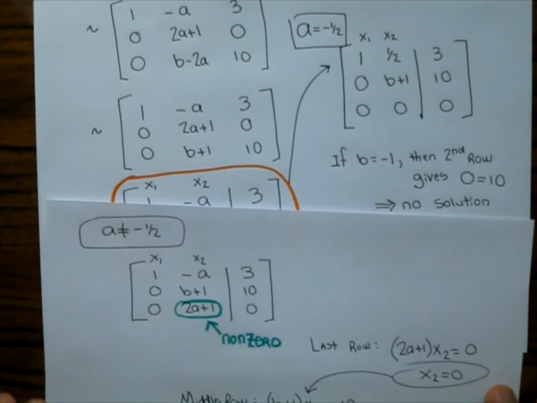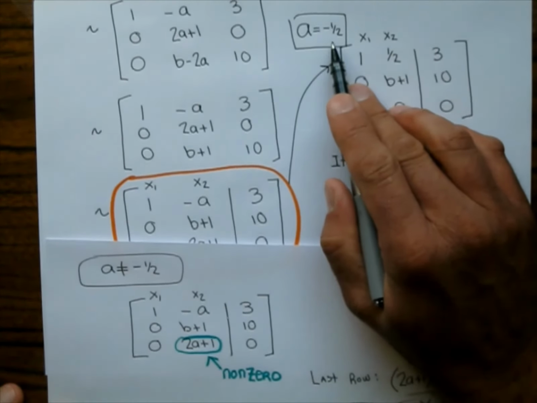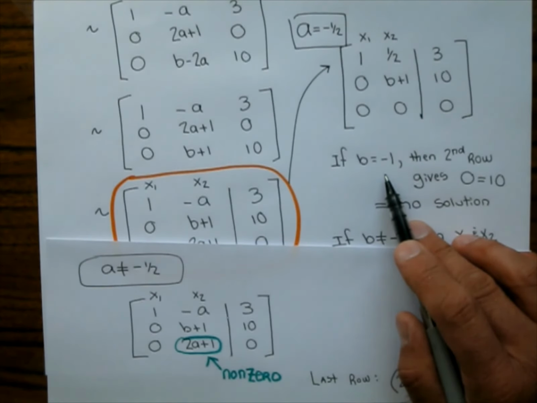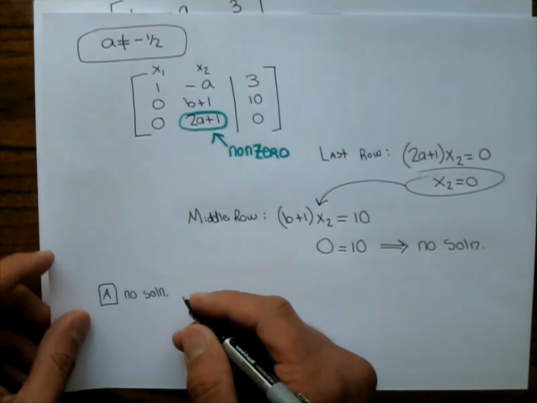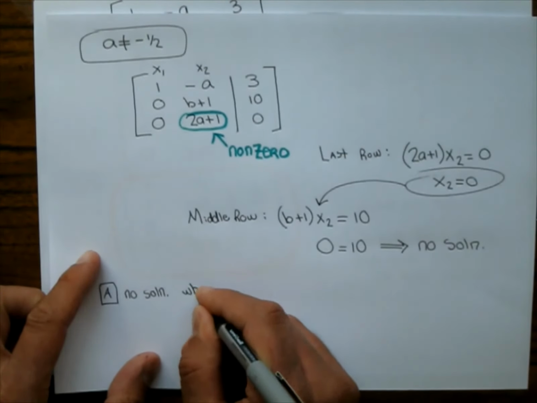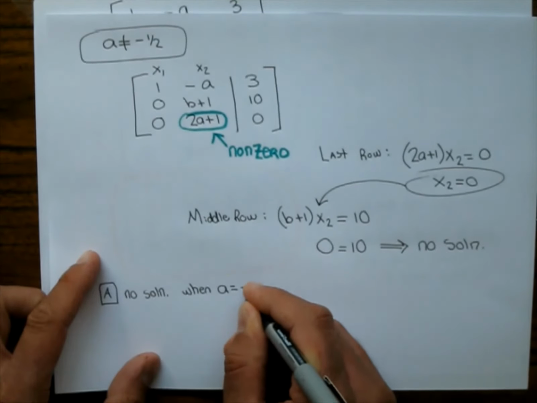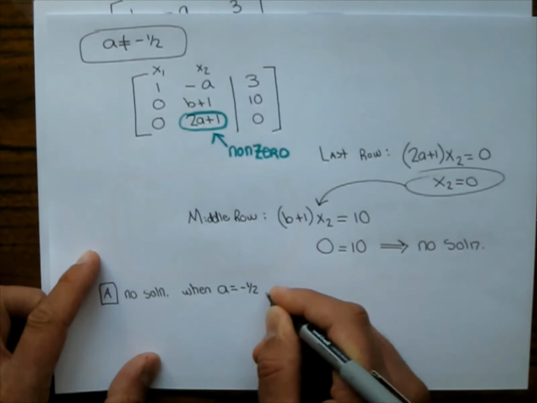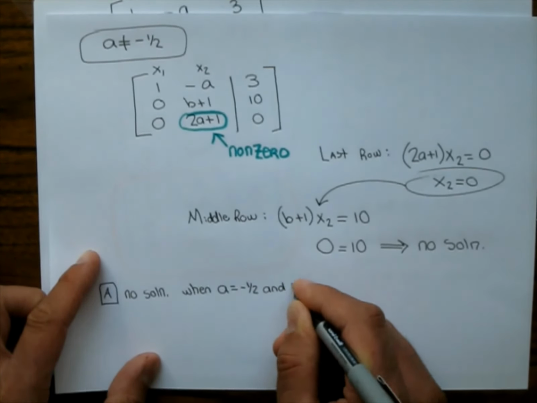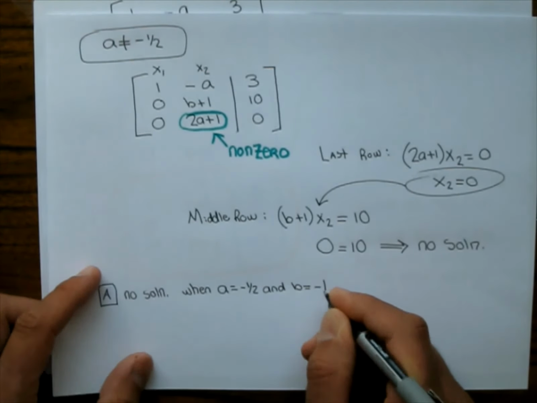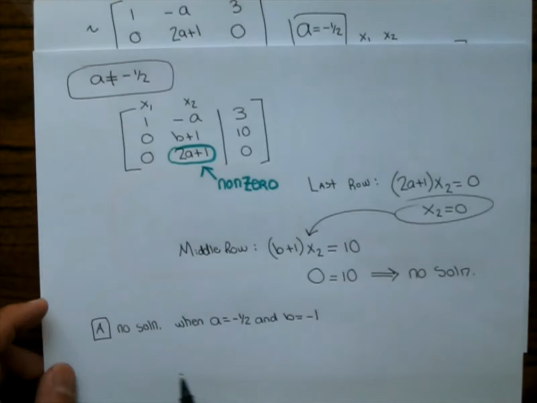And one was when a equals -1/2 and b equals -1.